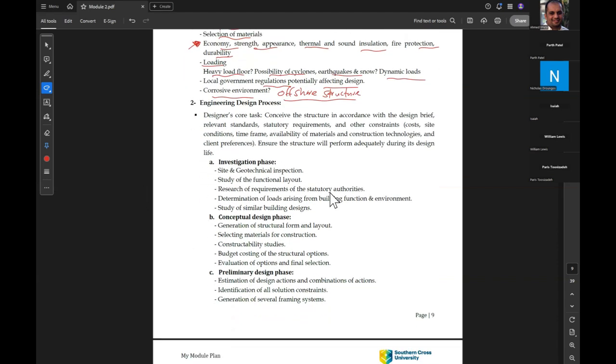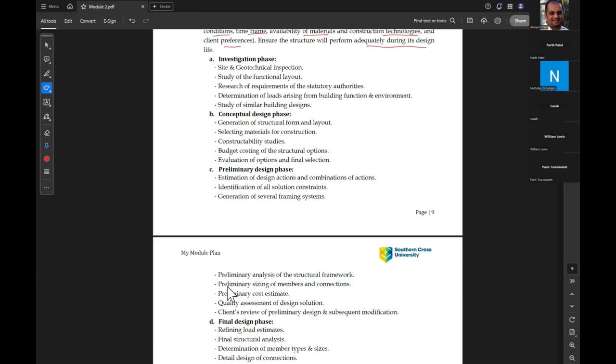The second is the engineering design process, which is our role. The designer's core task is to conceive the structure in accordance with the design brief and relevant standards and requirements, and other constraints like cost, site conditions, time frame, availability of material, construction technology, and client preferences, and to ensure that the structure will perform adequately during its design life.